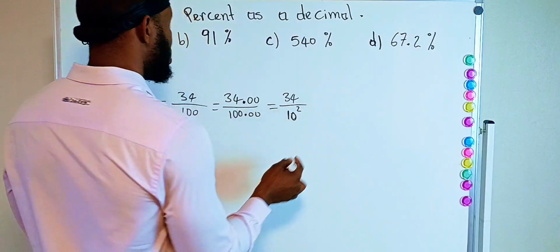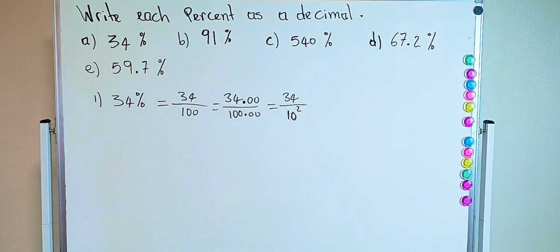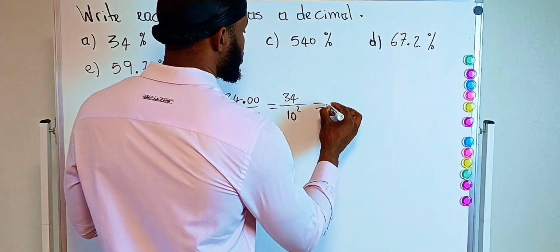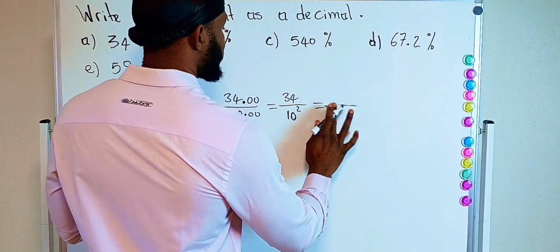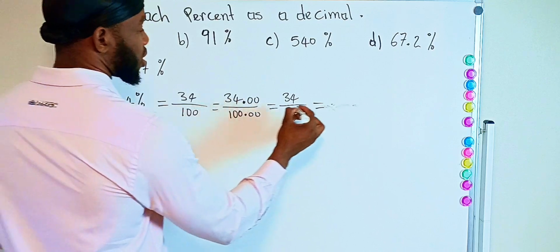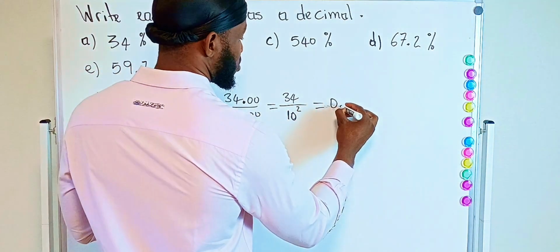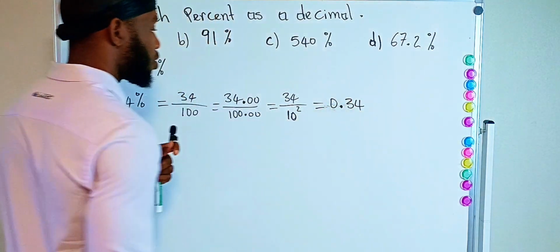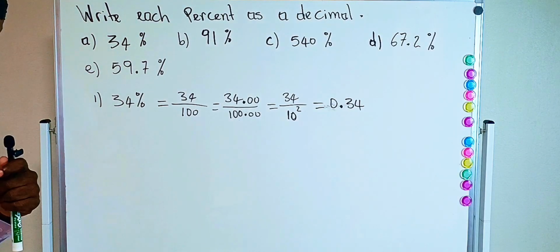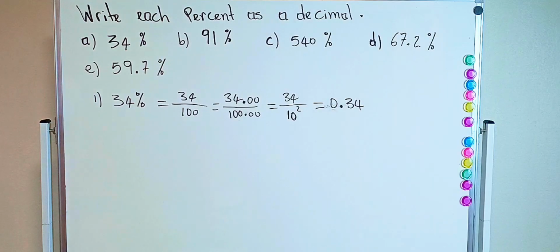You got 2 zeros, so right now we just gotta move the decimal point 2 places to the left in order to have my answer. One time, 2 times, that's gonna give me 0.34, which is gonna be the decimal for that fraction or for that percent.